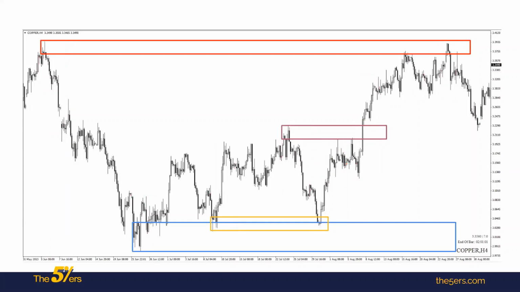Okay, so here we have supply and demand. And remember, the trade is established once a supply or demand was created, and the trade is once price is coming back here. So we have a trade here, okay, because we already have the supply established. So this is where we can trade, right?